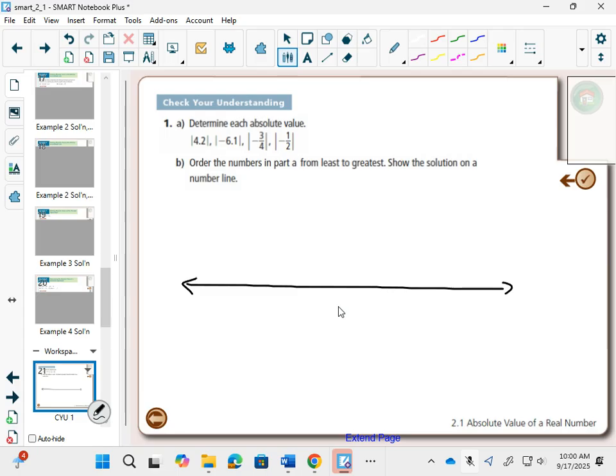And each of these you can calculate, like absolute value 4.2, 4.2. Absolute value of negative 6.1, positive 6.1. Absolute value of negative 3/4, 3/4. And absolute value of negative 1/2, 1/2. And if I had to put these on a number line, 1, 2, 3.